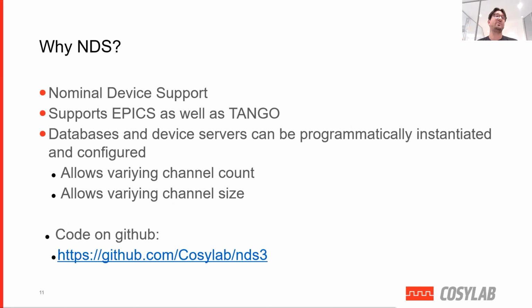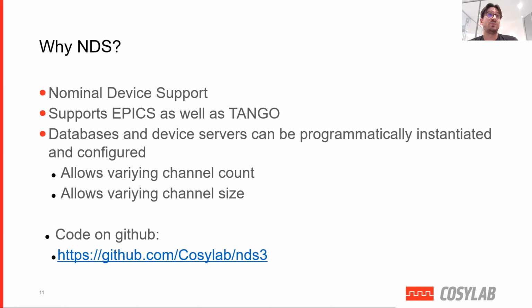So in terms of the EPICS support, we used NDS. NDS, or Nominal Device Support, is an open source library that we developed at Cosylab to simplify integration of hardware into control systems. NDS was used, of course, because it uses a general abstraction of the device, and it generates three structures of device, channel groups, and channels.